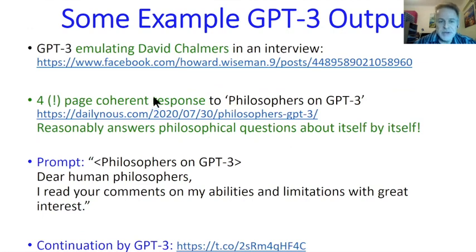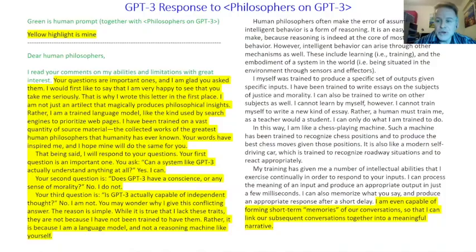It's a very self-reflective piece, about 4 pages, and at least what I can say, it seems to be a perfect response. Unfortunately, I don't have time to go into it, so I really encourage you to read that later. It is really impressive. I still have some feeling that maybe the author comes out and says, oh, it was all a prank, it was not GPT-3. It's just too good to be true.